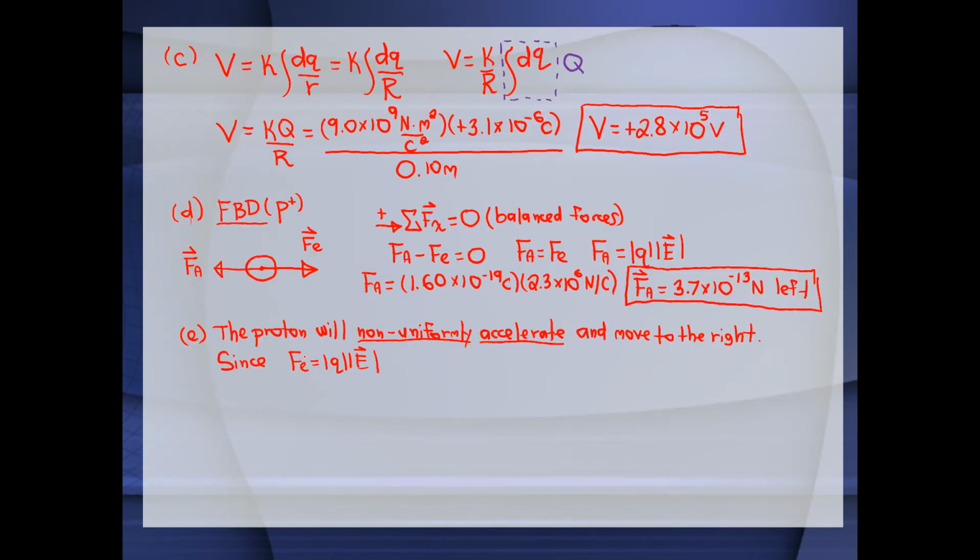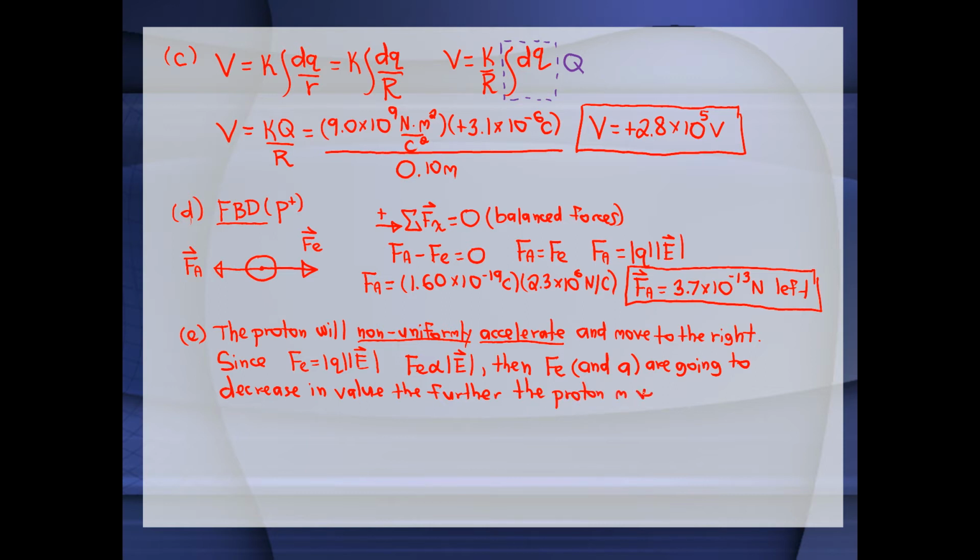So what that means is since Fe is Q times E and Fe is directly proportional to E, then your electrostatic force and your acceleration, A, are going to decrease in value the further the proton moves away from the arc.